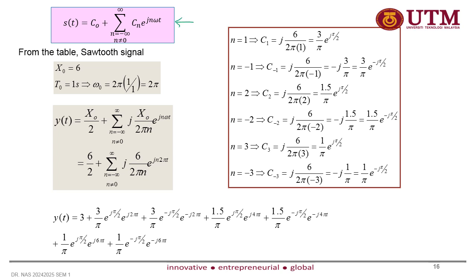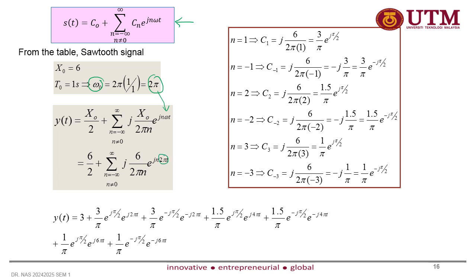So as shown in the earlier slide, omega naught equals 2 pi. So you can replace the x naught and cn equation and also your omega values. In this case your c naught is 6 divided by 2. This is your cn equation. So replace omega with 2 pi.